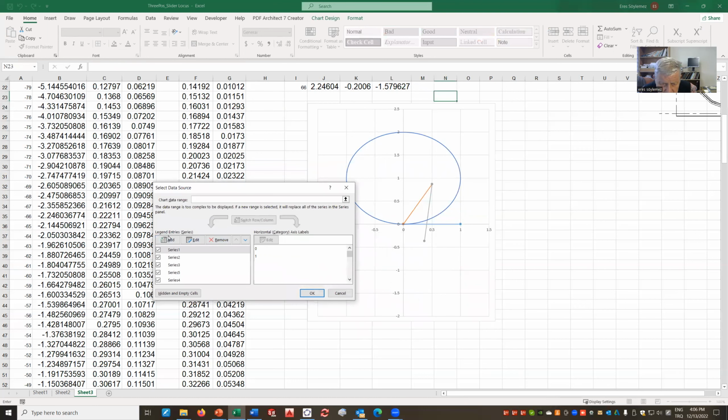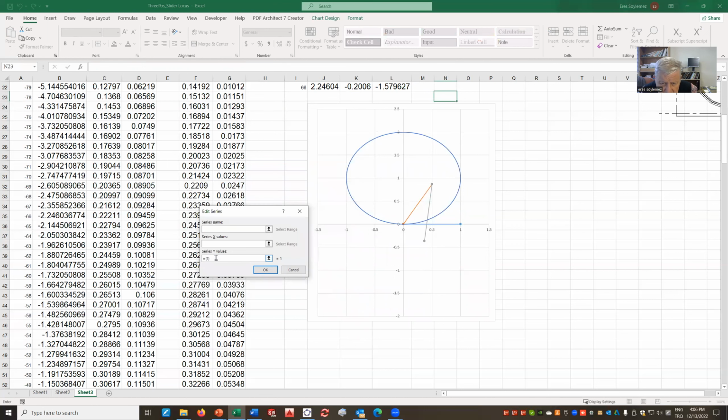Select data, add X values. This is scary. Y value.